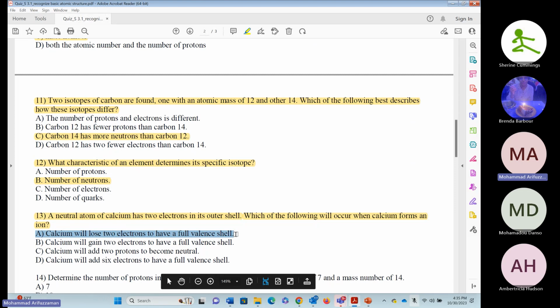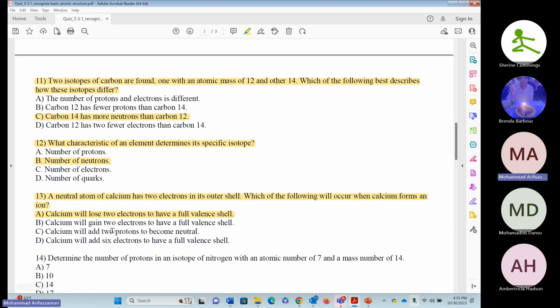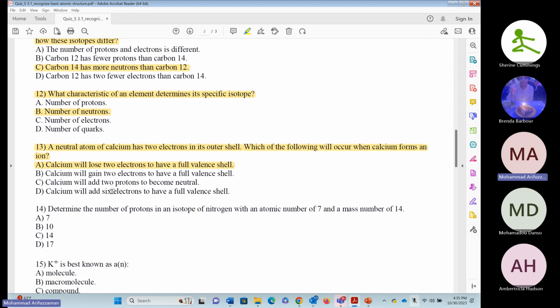I'll discuss on Wednesday, but the correct answer is calcium will lose 2 electrons to have a full valence shell. I'll explain this concept on Wednesday. So I think I'll stop here because the remaining concepts will be discussed on Wednesday. But anyway, I think you can answer these questions.